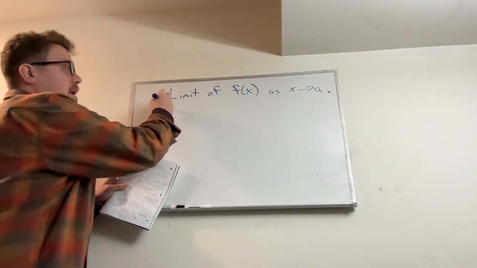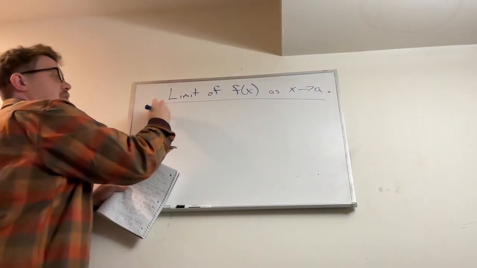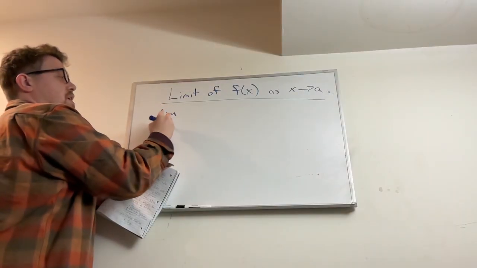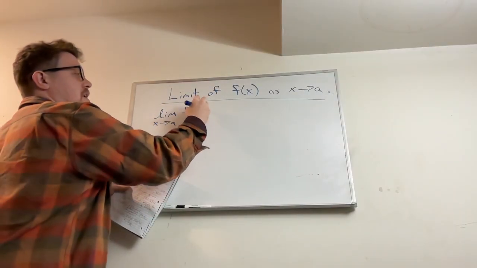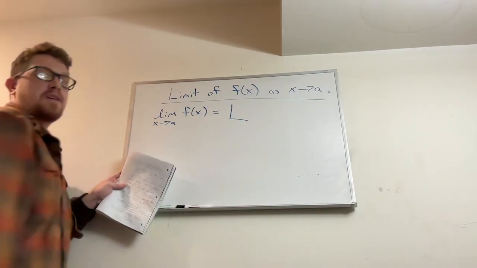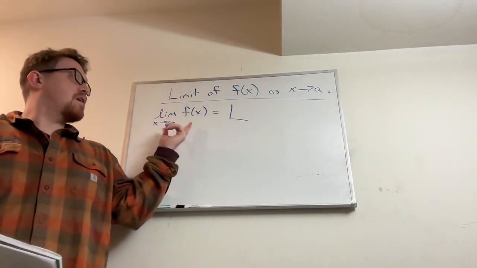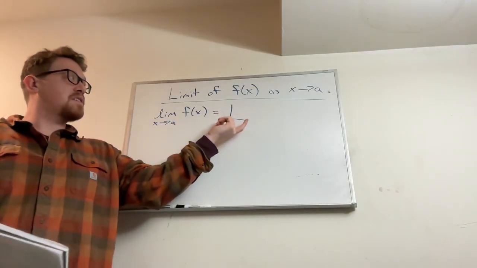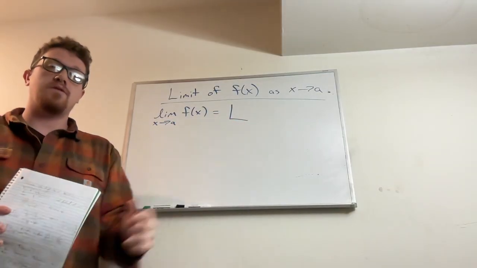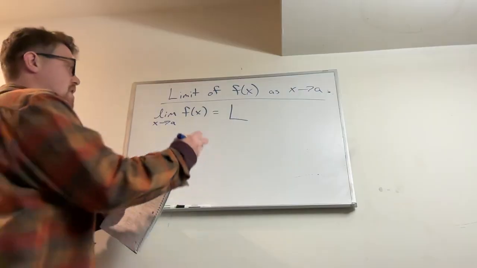And usually we'll write this as limit as x goes to a of f of x, and then if this limit exists, we'll say it's equal to L. And the definition of this, so the fact that this limit exists is only if this definition holds. So I'm about to write down the definition.